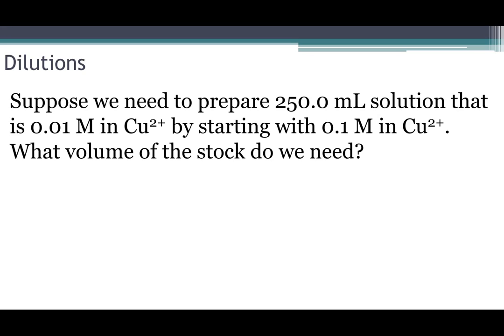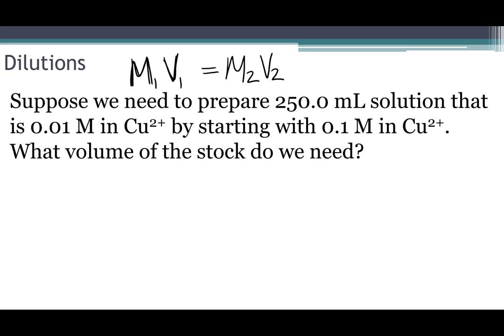Okay. The formula for dilutions is the following formula. So the formula we're going to use is M1V1 equals M2V2. So this formula here is actually derived from the molarity equation that we just studied. So M1 and V1.